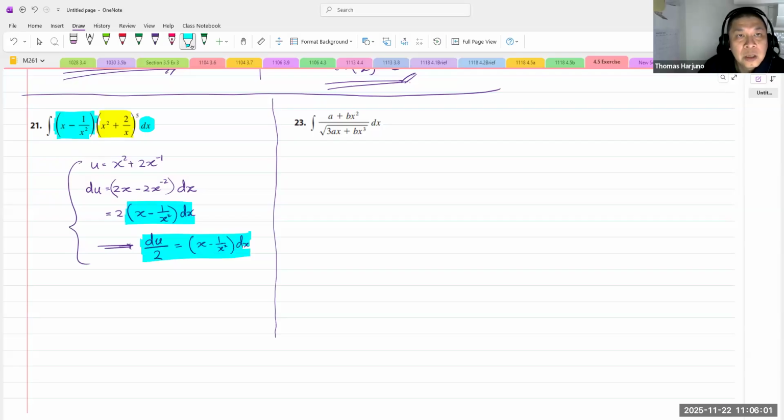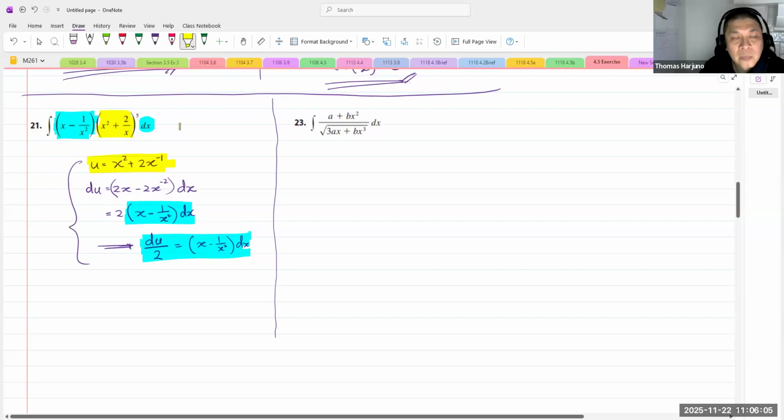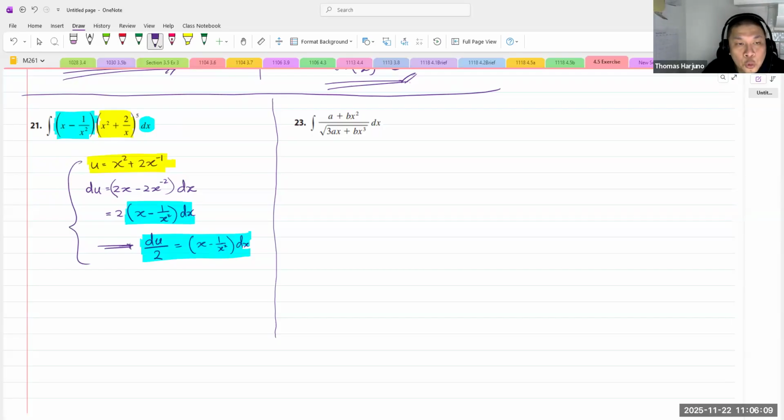I really hope me color coding it does not confuse you, but makes it easier for you to do the reference. The blue one becomes du over 2. The yellow one becomes u, but I have power of 5.